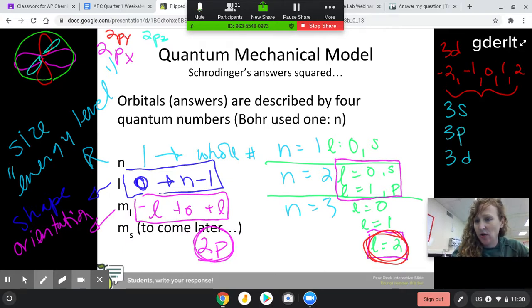So you're going to be holding the 3s, the 3p's, and all the 3d's. How many electrons total can the third energy level hold?